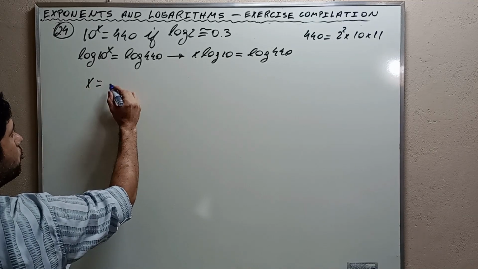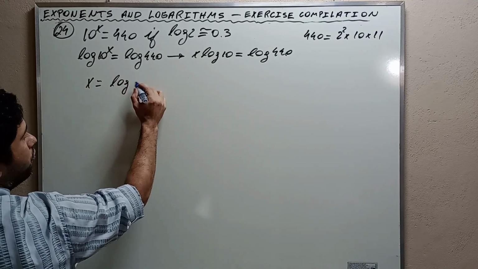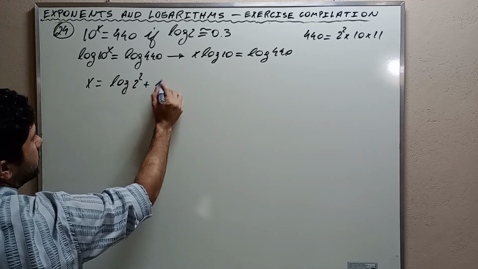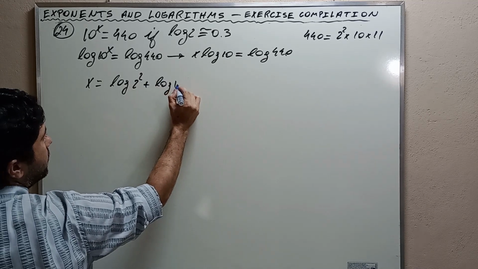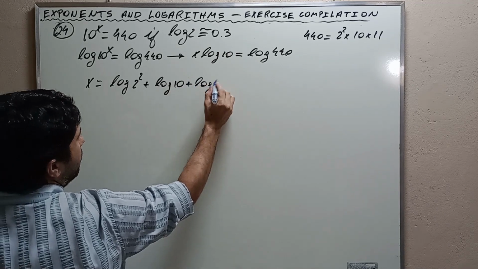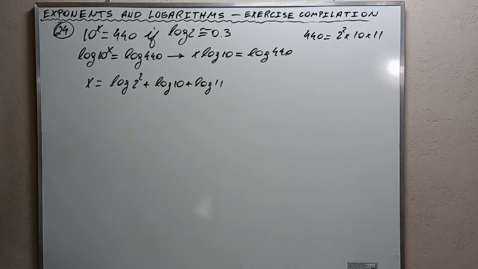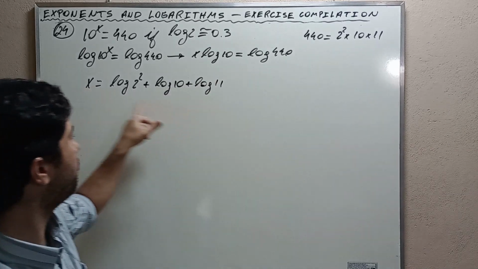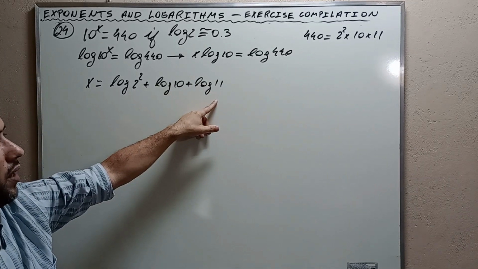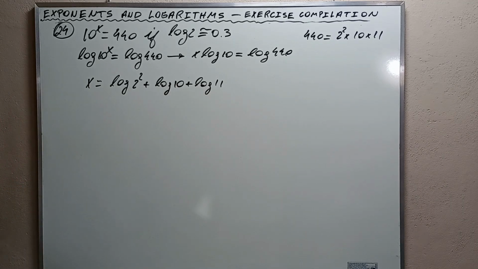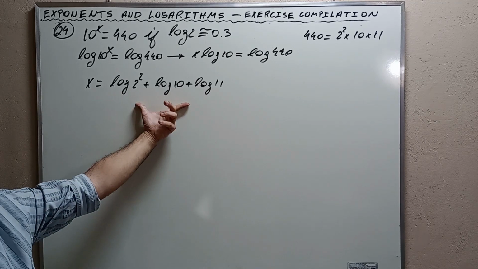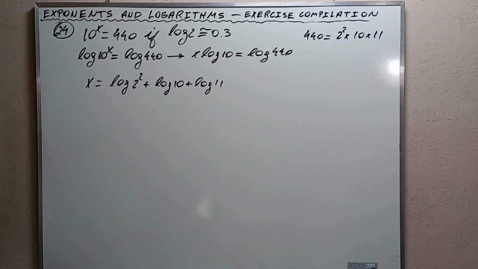X is equal to the logarithm of 2 squared plus the logarithm of 10 plus the logarithm of 11. Okay? Because the logarithm of this is equal to this. If we apply the rule of addition, where the rule of product results in this addition here.